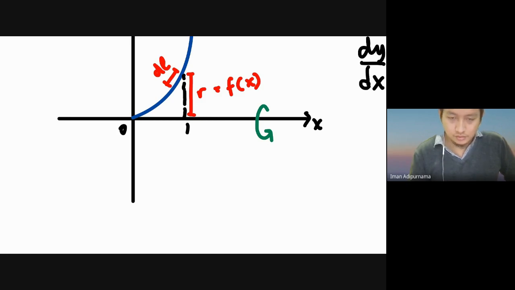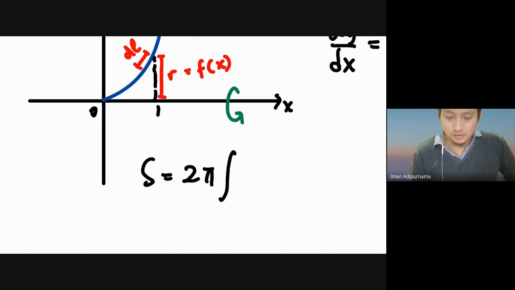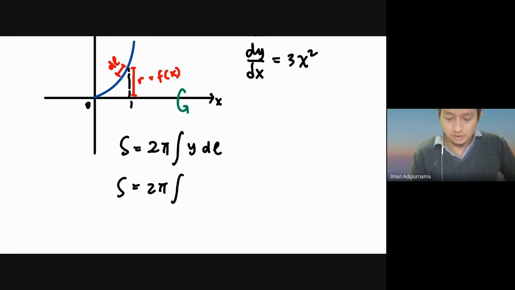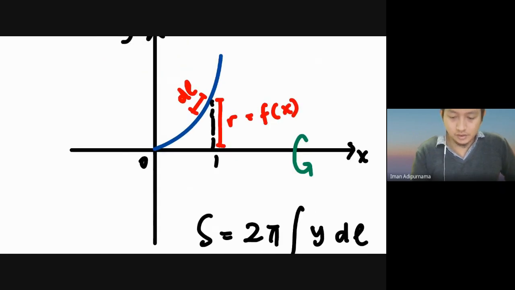So the surface area is 2 pi, this is y, times dl. If we try to make it into the variable x, we can write dl as an arc length.